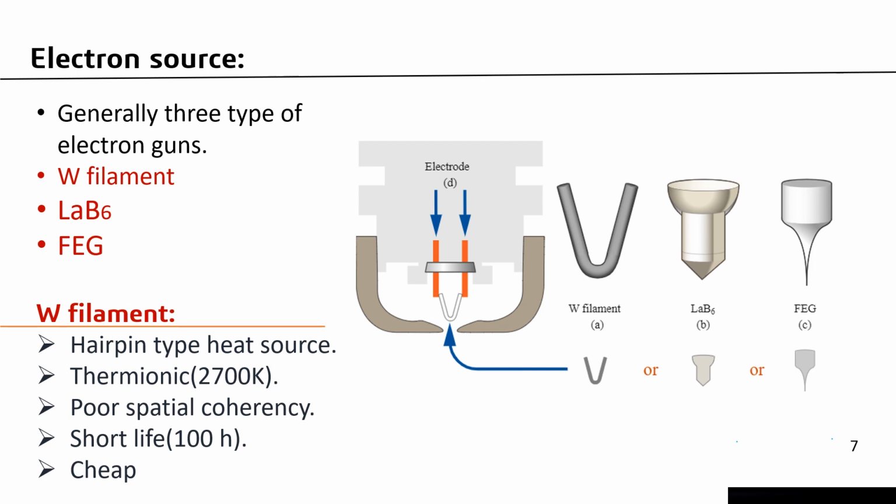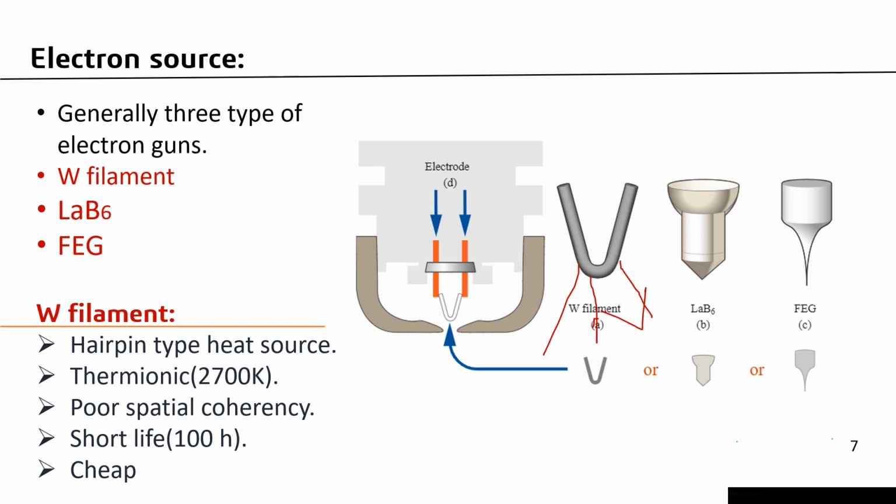Being thermionic means poor spatial coherency, because electrons can be emitted from anywhere on the filament, thereby it has poor spatial coherency. It has a short lifespan, 100 hours, and it is cheap in price. This is the tungsten filament electron source.